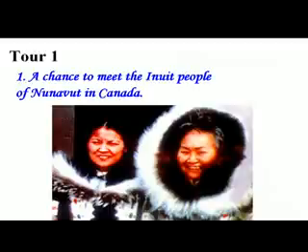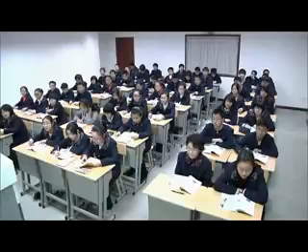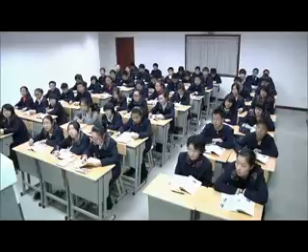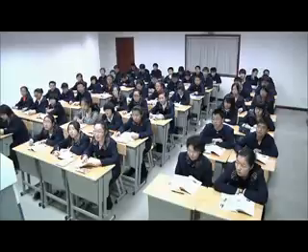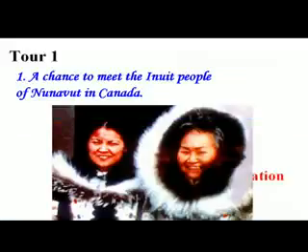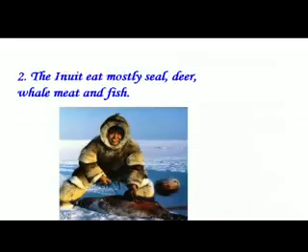What topic is this sentence about? In Canada. Okay, that's where they live. That's the location. That's good. Next one: the Inuits eat mostly steer, deer, whale meat, and fish. Food. That's good. Food.